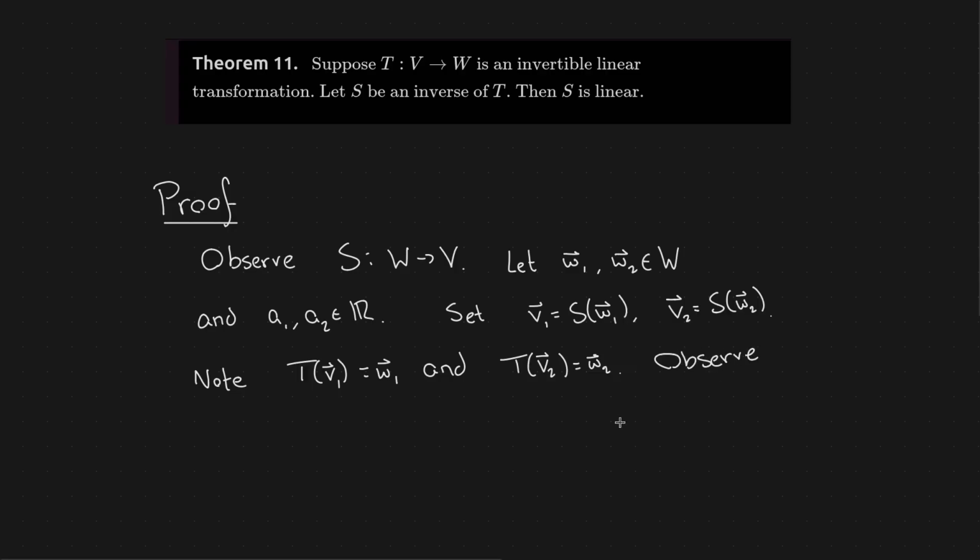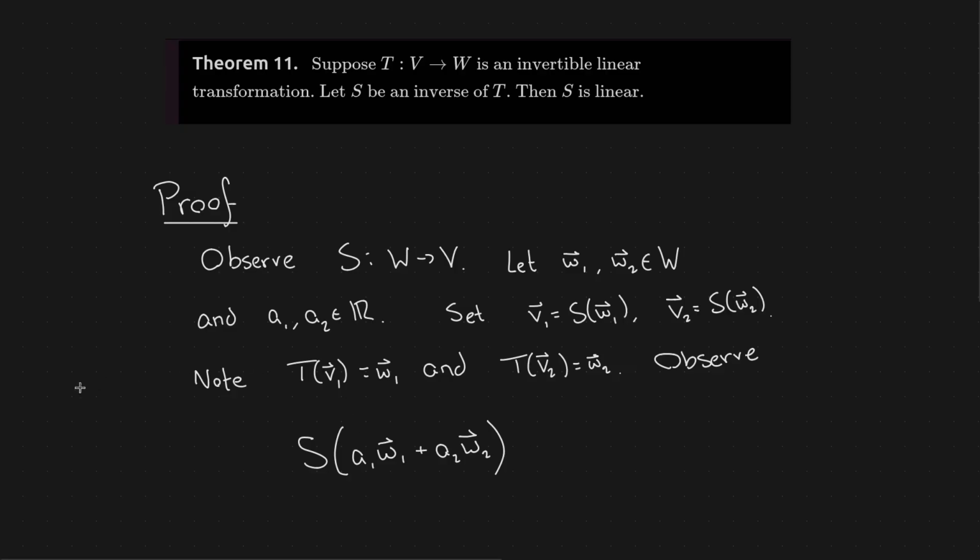Now observe, what we're going to do is take a linear combination of vectors W1 and W2. Now, if I could show that this linear combination is preserved over the transformation, then that is equivalent to our two conditions for a linear transformation.